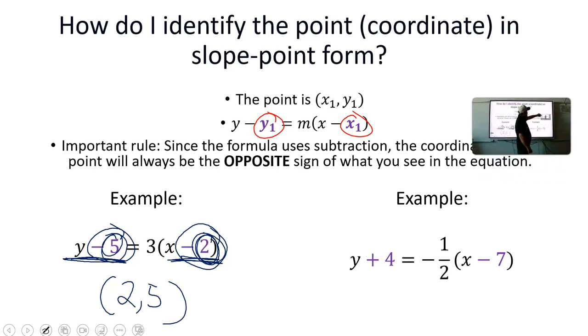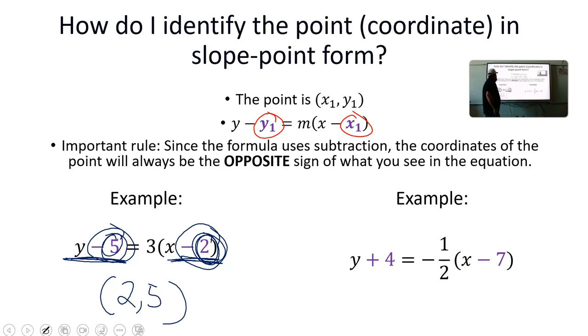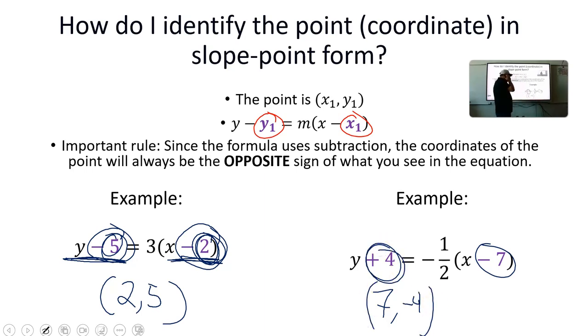Now, if we look up here, we got y plus 4 equals negative 1/2 x minus 7. That means my x coordinate is going to come from here. So we got a 7. My y coordinate is going to come from right here. It's the opposite, and it's a negative 4. So this graph would be going through the coordinate, or the point, 7, negative 4.